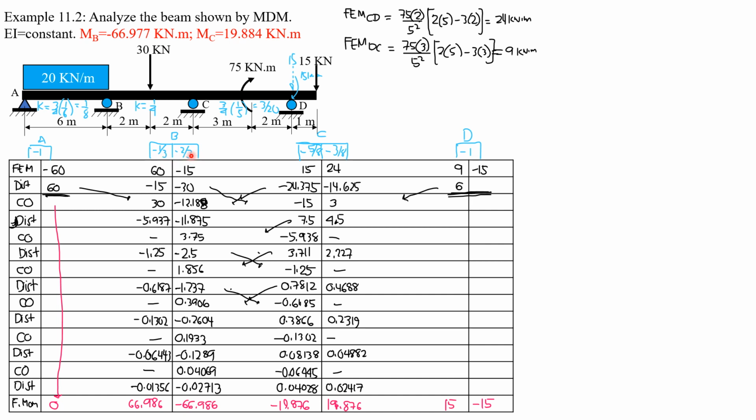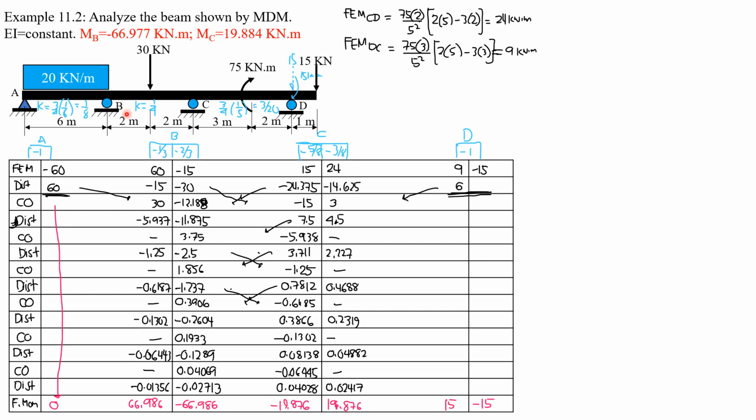Remember that the sum of these distribution factors should be equal to 1. And that's the technique. Then the distribution factor for CB is 1/4 divided by 1/4 plus 3 over 20. Make it negative, -5 over 8. For CD, it is -3/8. For D, because this is the end, the distribution factor is -1.